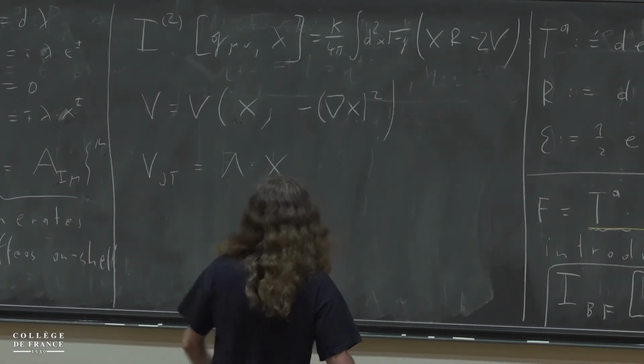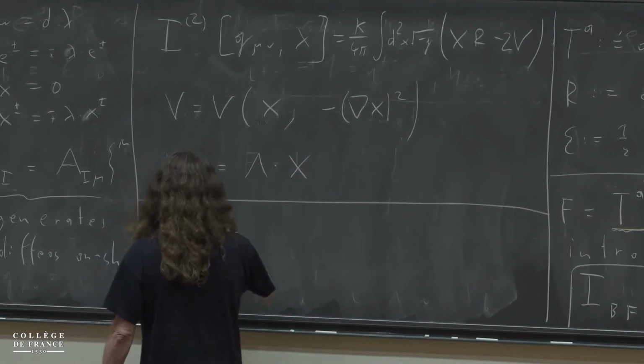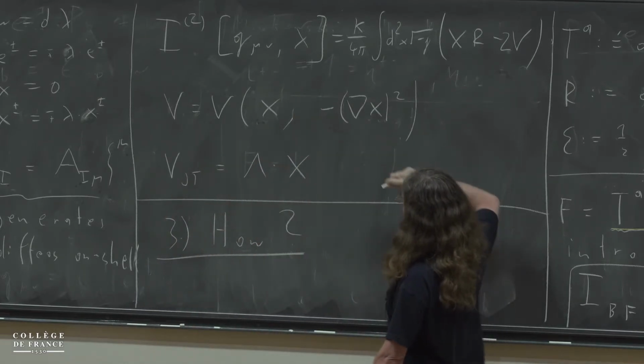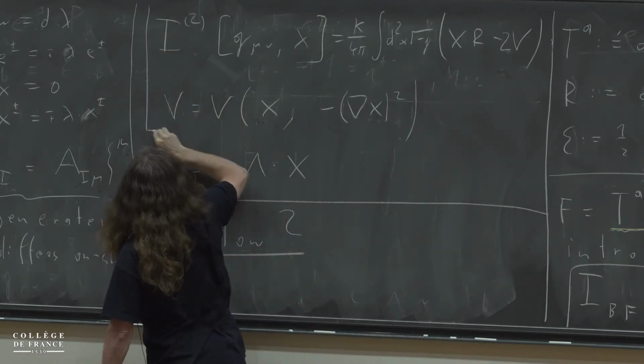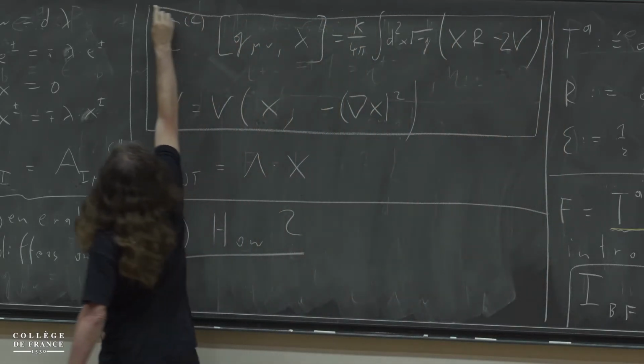Well, that brings me to the third point, namely how. So now we know what we're aiming for. We're aiming for study of theories of that type. And how do we study them?